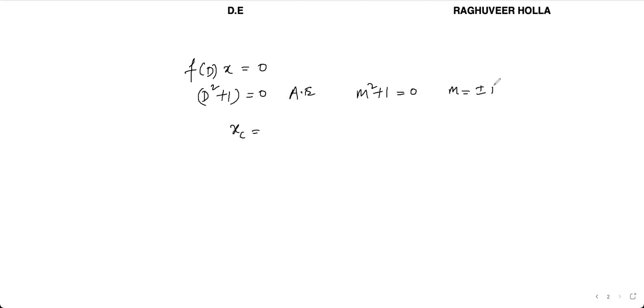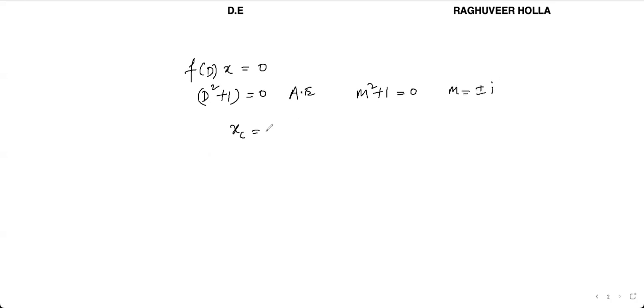So let us first find the complementary function. f(D) x is equal to 0. So D square plus 1 is equal to 0, which is the auxiliary equation. We get m square plus 1 is equal to 0, and the roots are plus or minus i.